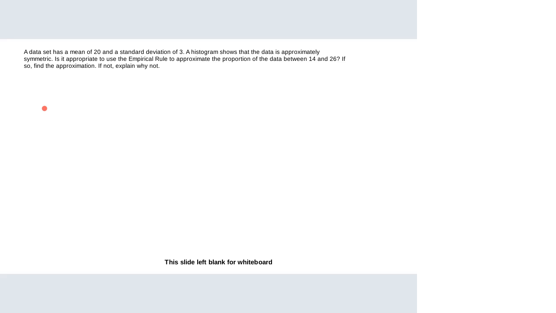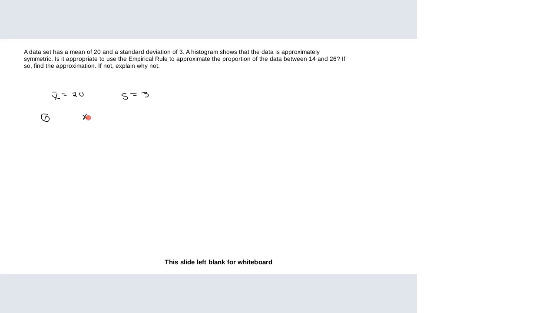So let's find out. The mean is 20 and s was equal to 3. What I'm going to do is one at a time. So this would be one standard deviation.